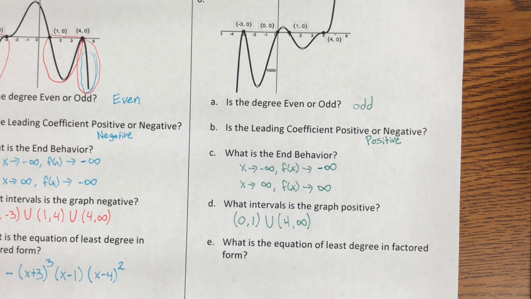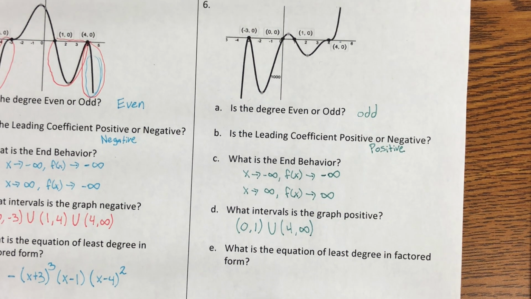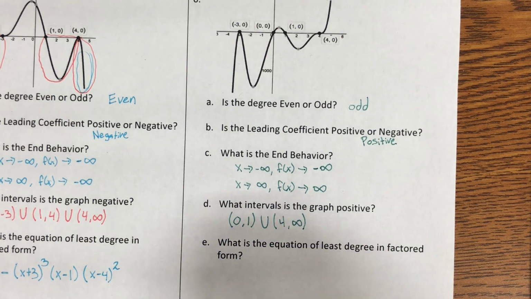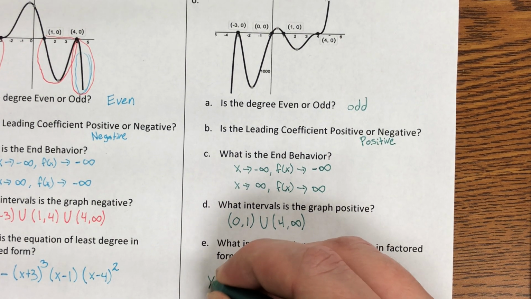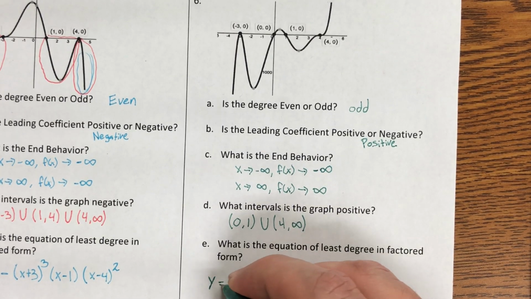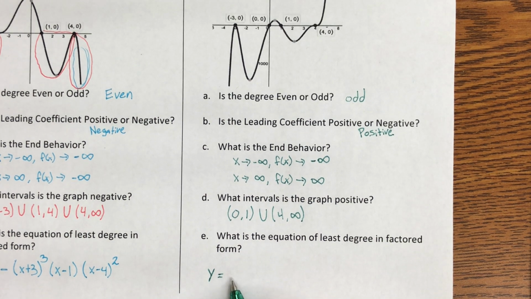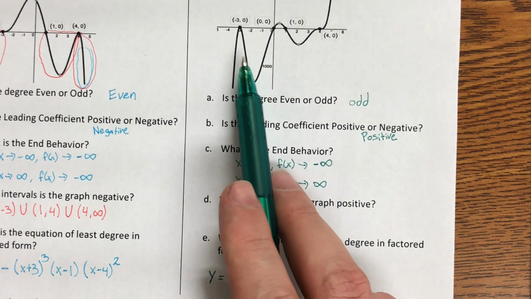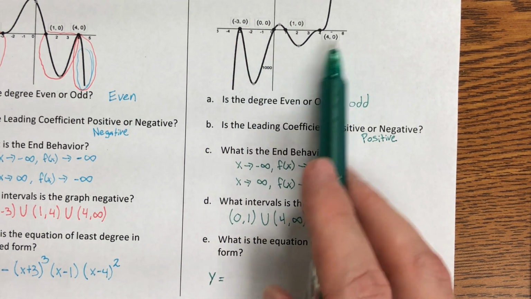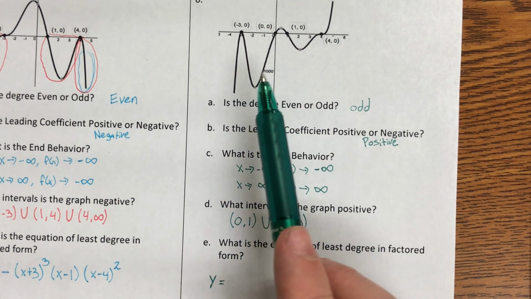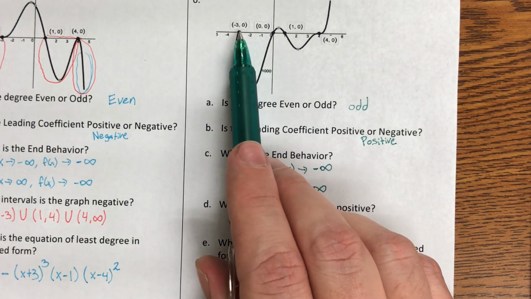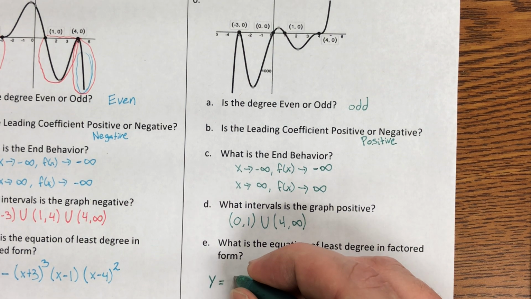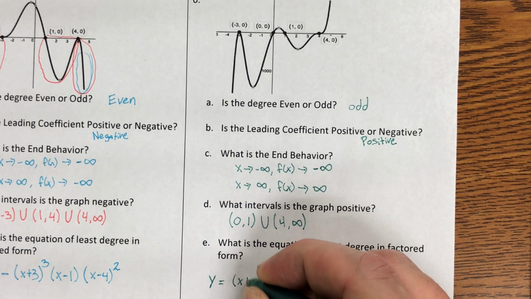Once again, it wants the equation of least degree in factored form. So the equation for this function. Well, I know my leading coefficient is positive, so that means I don't have a negative that's going to be out in front. All I need to do is give what my zeros would be, and so what those factors are. I've got a 0 at -3, so that factor would be x plus 3.